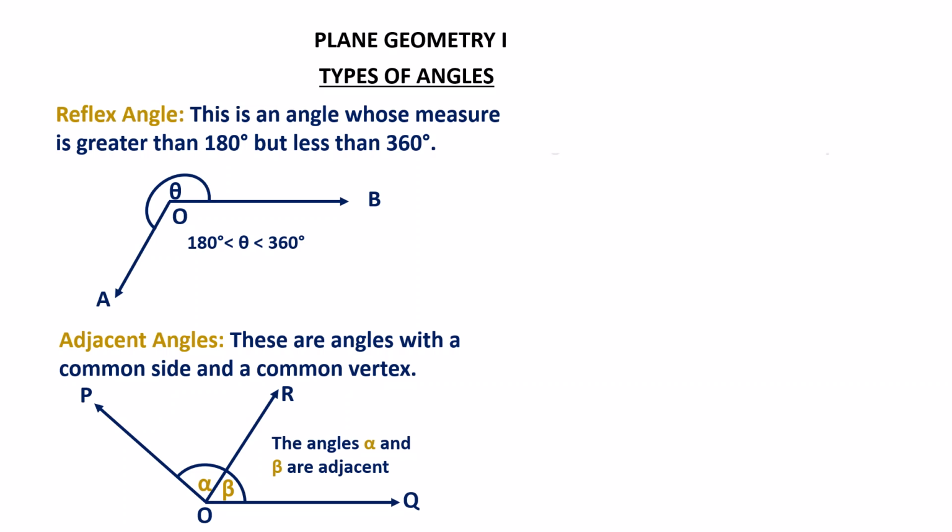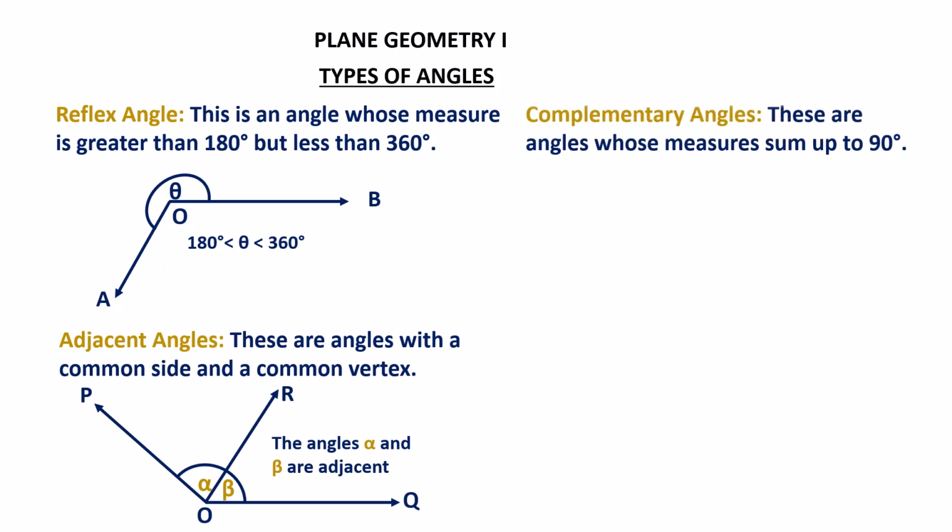Now, the next angle we also want to look at is complementary angles. These are angles which sum up to 90 degrees. So as you can see, the angles alpha and beta, when you add those two angles and it gives you 90 degrees, then they are complementary angles.